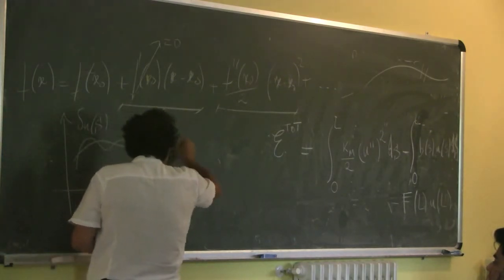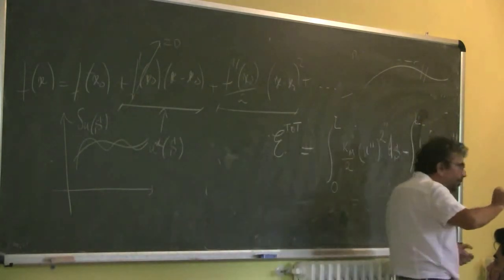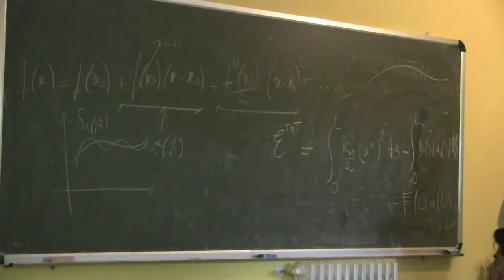So you change a little bit the unknown configuration, which is a function. How do you change it?